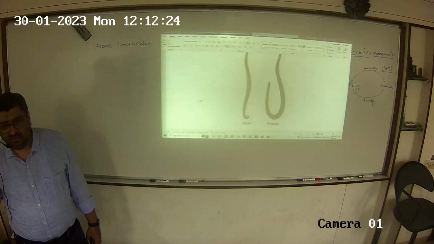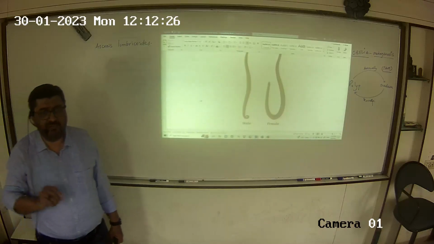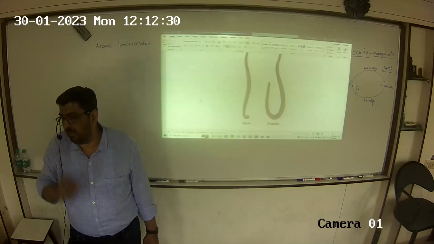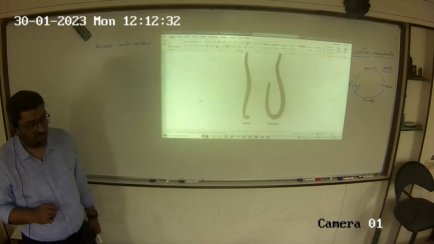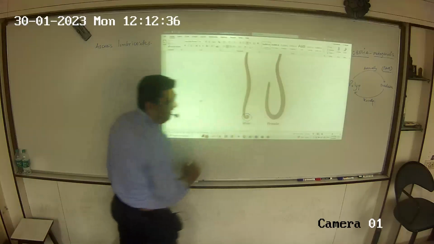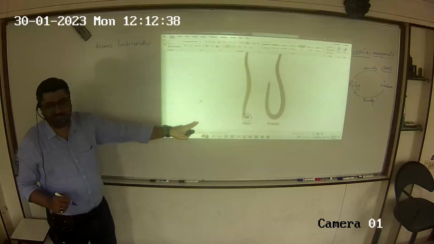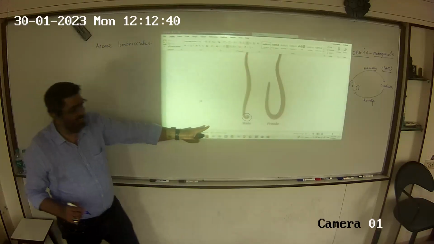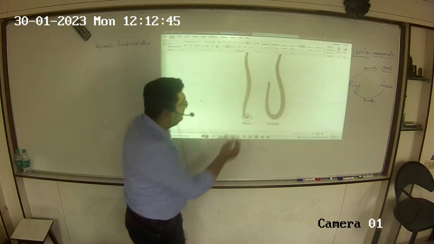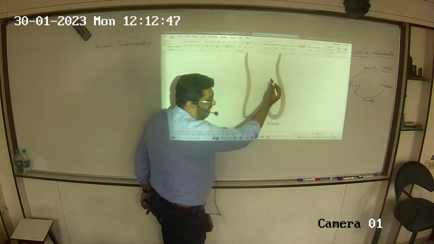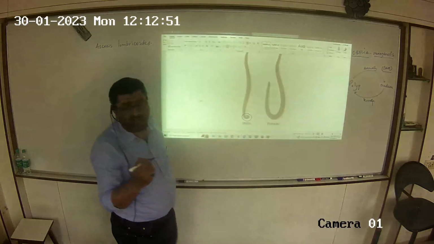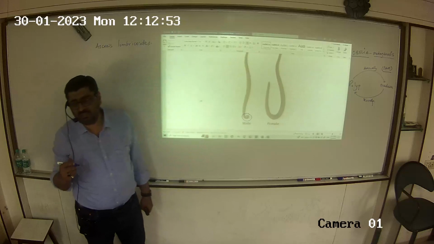The second very clearly visible difference is that one of them has a curved posterior. Which one? Kya baat hai, phans gaye na? This is the curved posterior. Ye straight hai. Ye straight hai. Can you see there is no curvature here? The curvature is seen here. So the posterior end is curved in case of males.